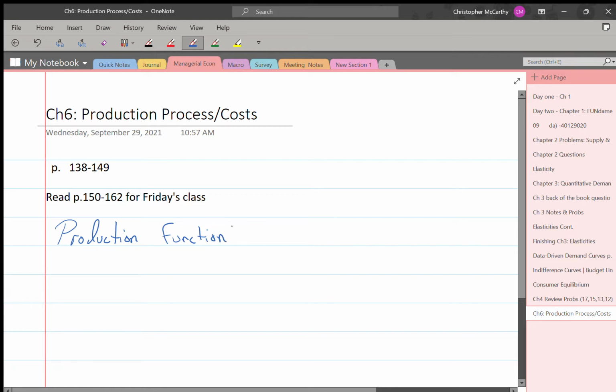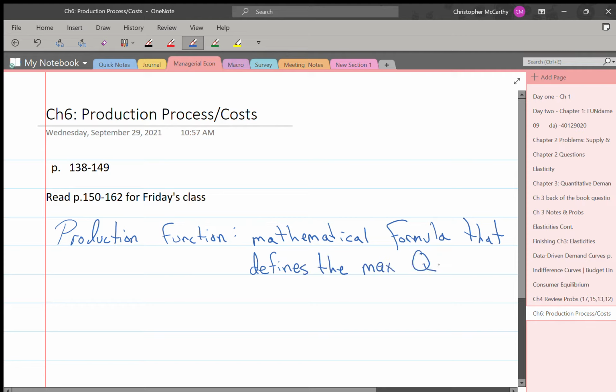They say an engineering relation. You can also call it a mathematical formula. That does what? It defines the maximum amount of output that can be produced with a given set of inputs.